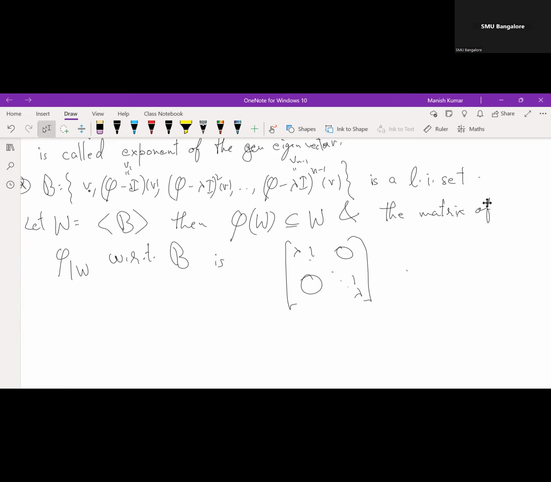V0, of course, is linearly independent because V0 is a generalized eigenvector, which means it's a non-zero vector. What about V1 and V0? We'll have to say that V1 is not a multiple of V0, and then V2 is not a linear combination of V0 and V1.